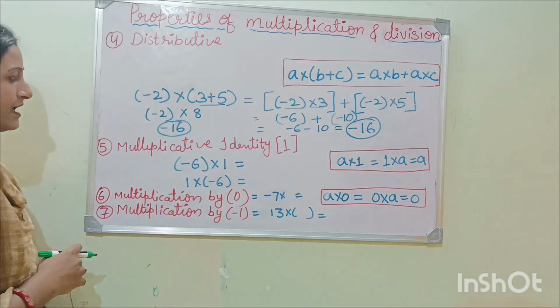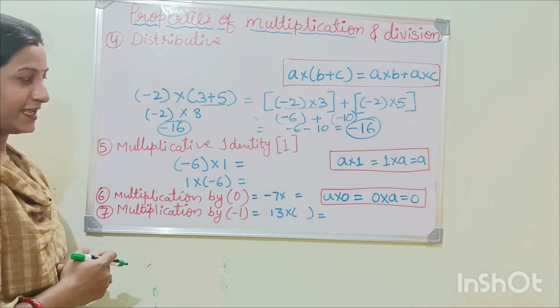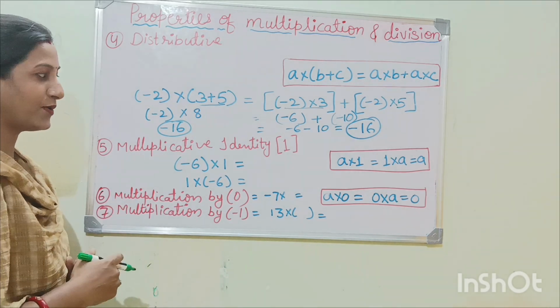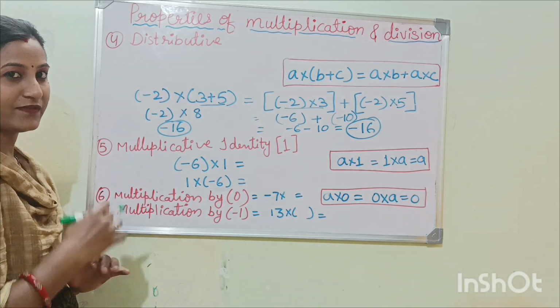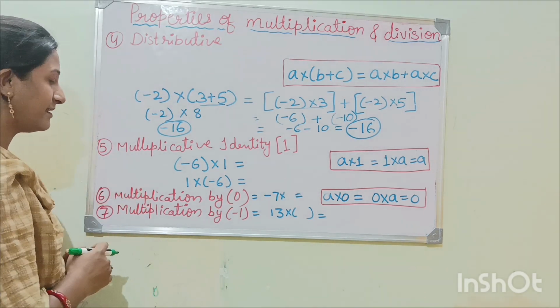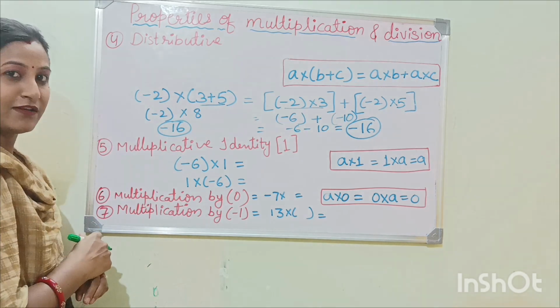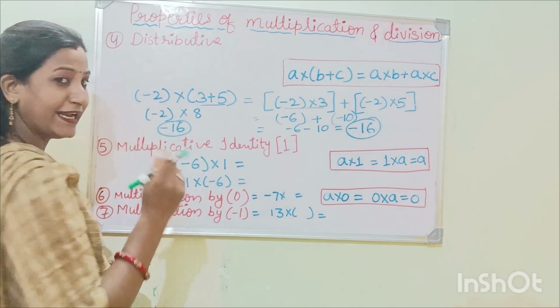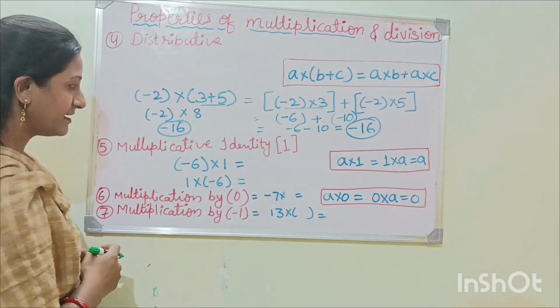So next one is multiplicative identity. As you know, in addition, additive identity was 0. When we were adding 0, we were getting the same answer, same as here. In multiplication, its identity is what? 1. When we multiply 1 by any integer, we are going to get the same answer.